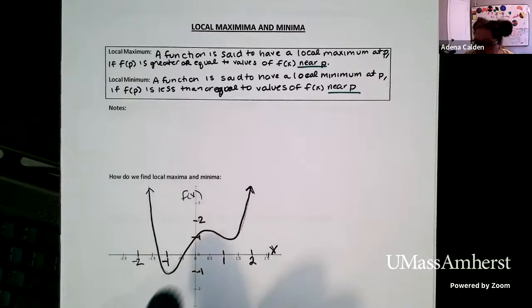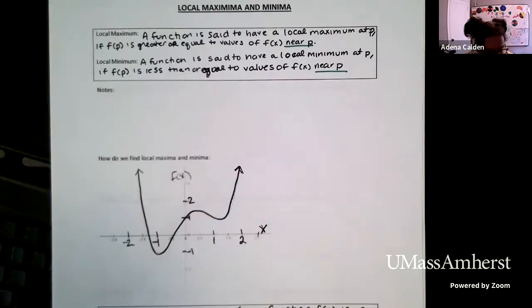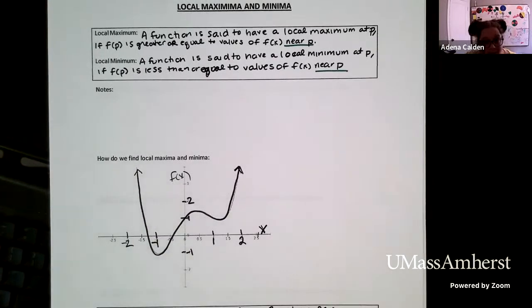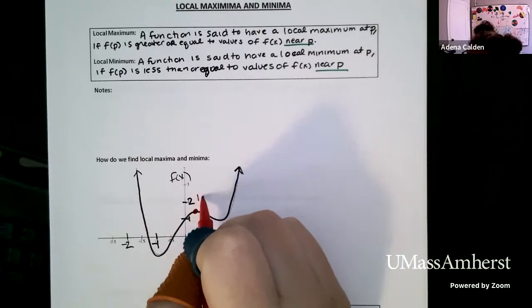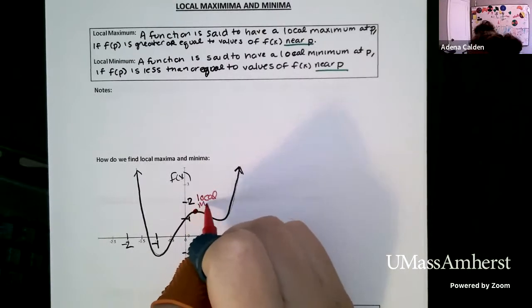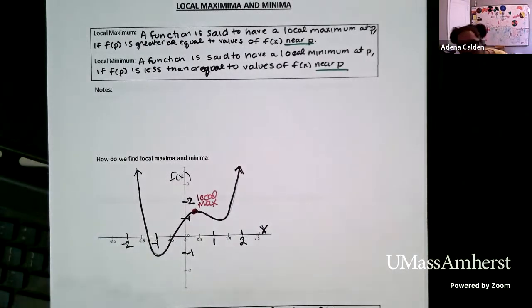Let's start by looking at this picture so we can understand what we mean when we say near p. For local maximums, we're looking for a high point in a small area. Here we have a local maximum at this point right here. What I want to point out is that it is not the highest point on the graph.